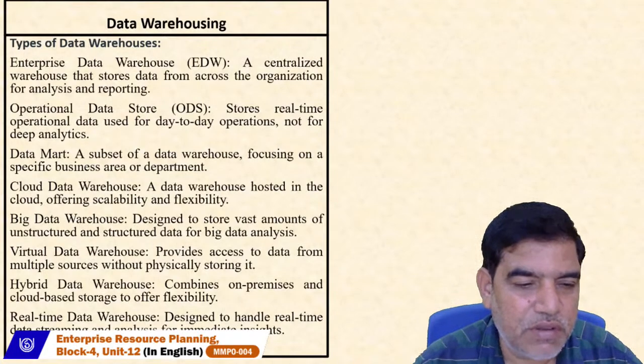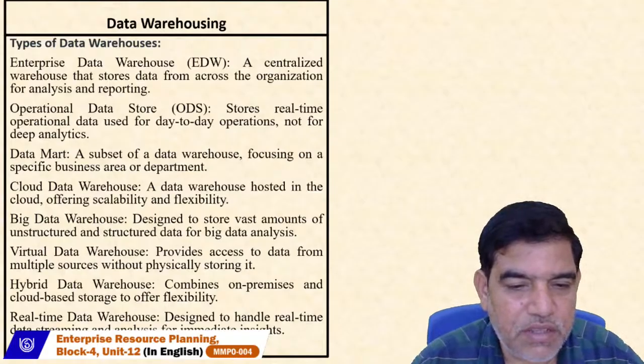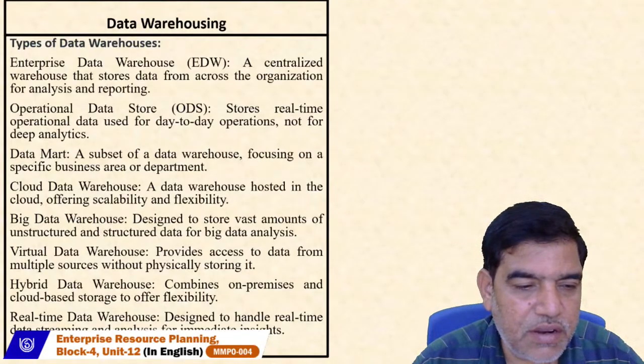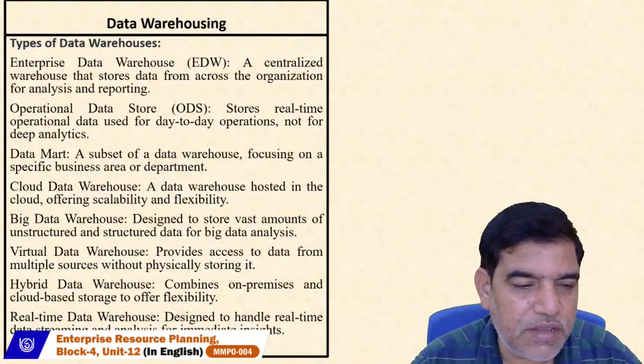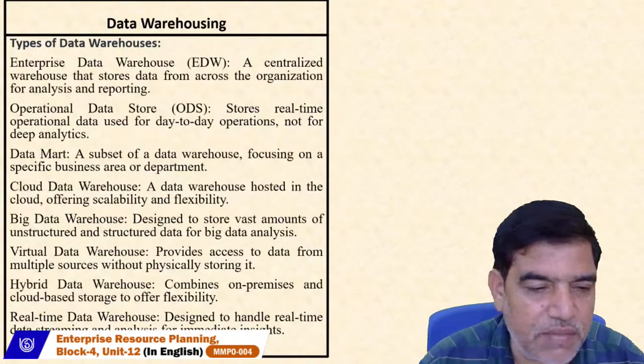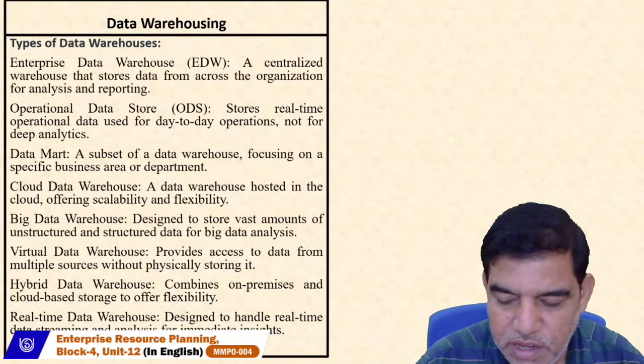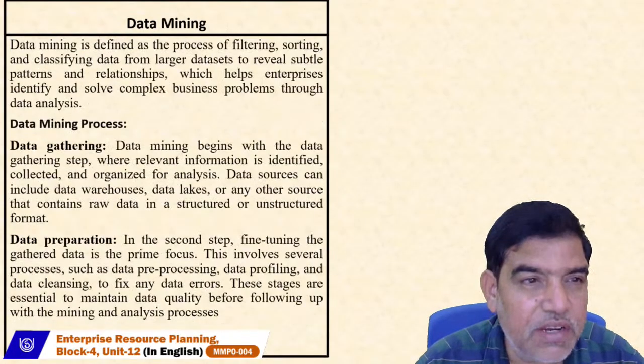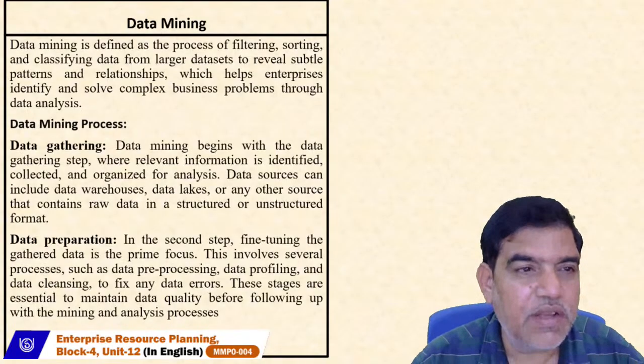Hybrid data warehouse: it combines on-premise and cloud-based storage for flexibility. Real-time data warehouse: designed to handle real-time data streaming and analysis for immediate insights. So these are the different types of data warehouse.